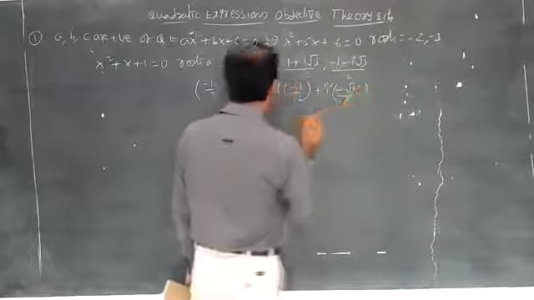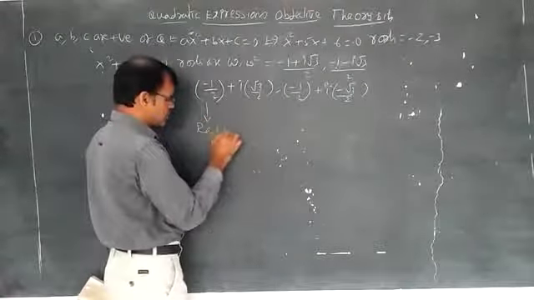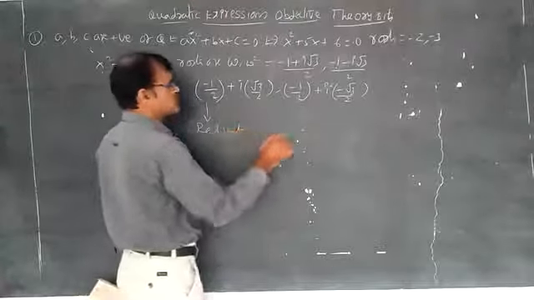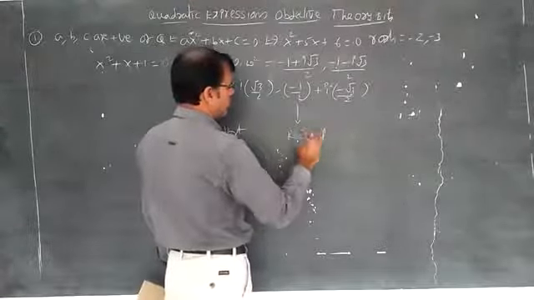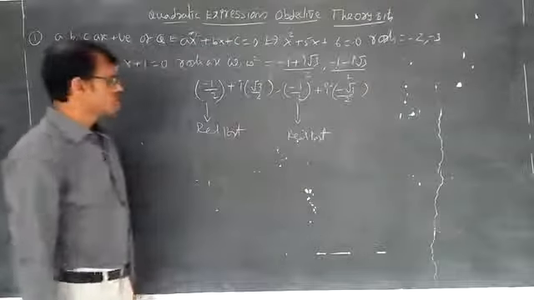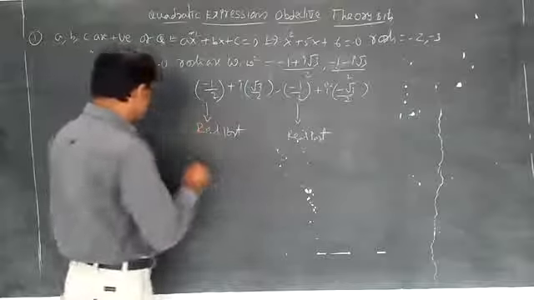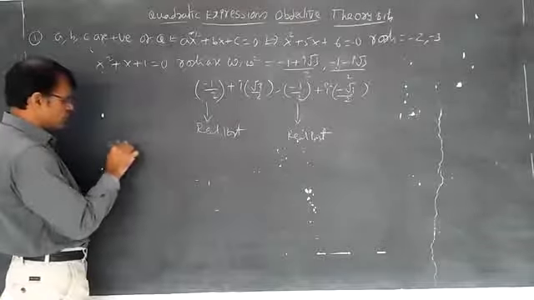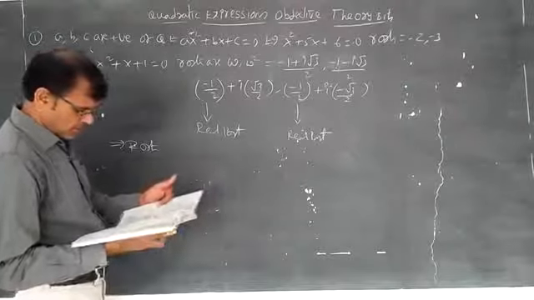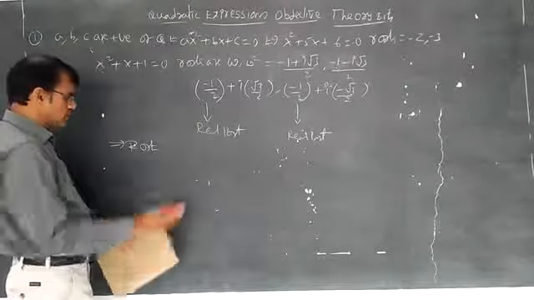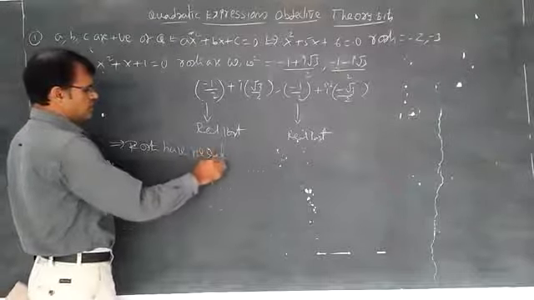Observe this: this is the real part, minus 1 by 2, and here also the real part is minus 1 by 2. So the real part is negative. That implies, according to the options, it is the third option: roots have negative real parts.